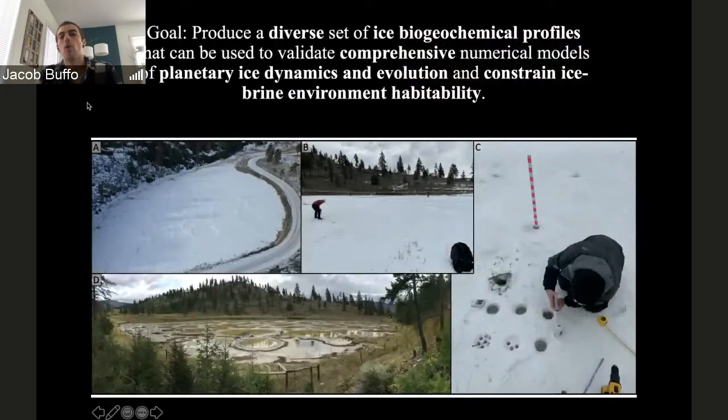So kind of the goal of this project is to go up and do just that, is to look at a bunch of these different lakes. And we've gone up in the summer and the winter to kind of look at how they evolve seasonally as well, but to kind of get a full spectrum of how these ice systems evolve and how that depends on their chemistry and things like that, and also get full profiles of what the ice looks like.